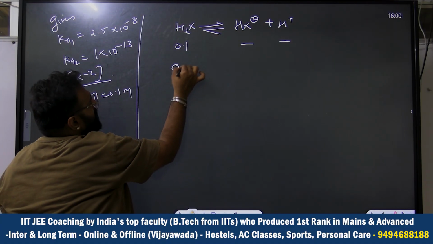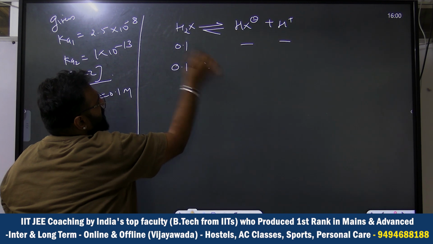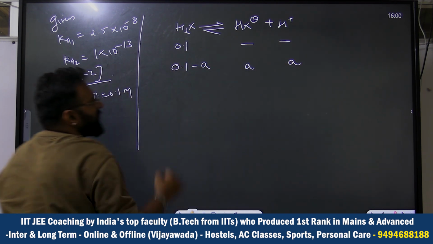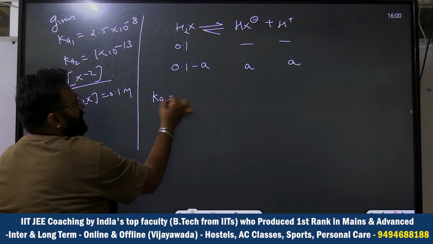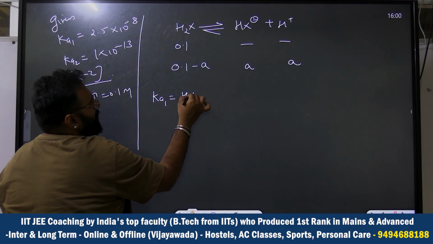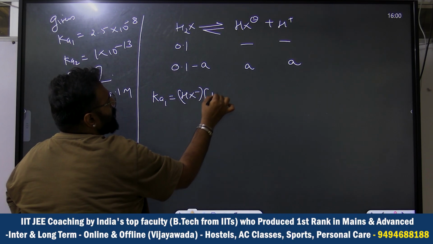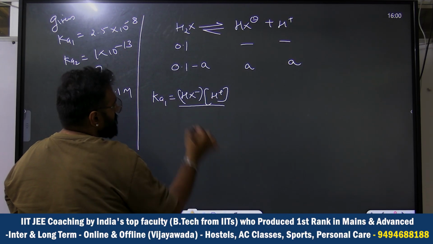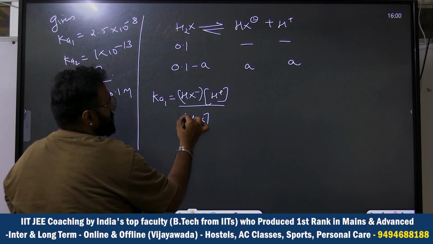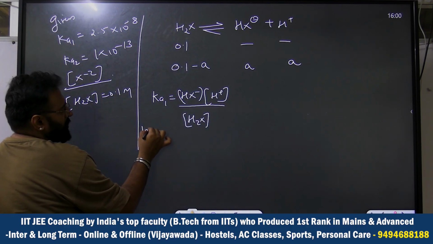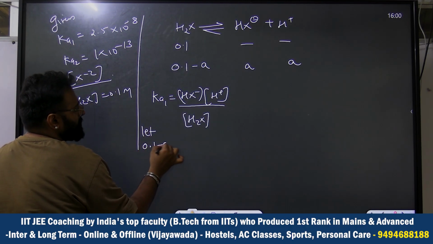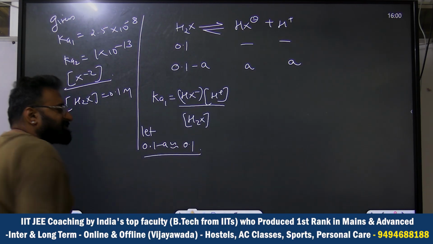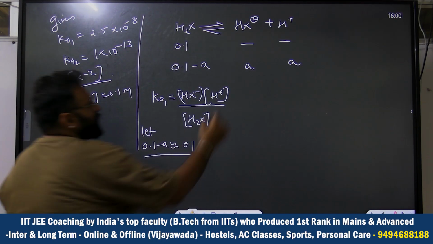Then at equilibrium 0.1 minus, let us say A. This is A. This is A. So Ka1 is equal to HX minus into H plus upon H2X, correct? Let 0.1 minus A be approximately equal to 0.1, as A is very, very small.